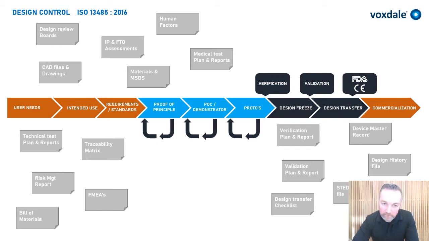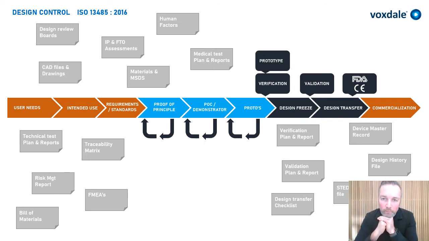You'll have to build failure mode and effect analysis. You'll need bill of materials containing all components. There will be verification and validation plans and reports. You'll need checklist for design transfer. And all of that will be compiled in a design history and in a device master record, finalized by the STED file, the final technical documentation that you will need for your registration and listing purposes.